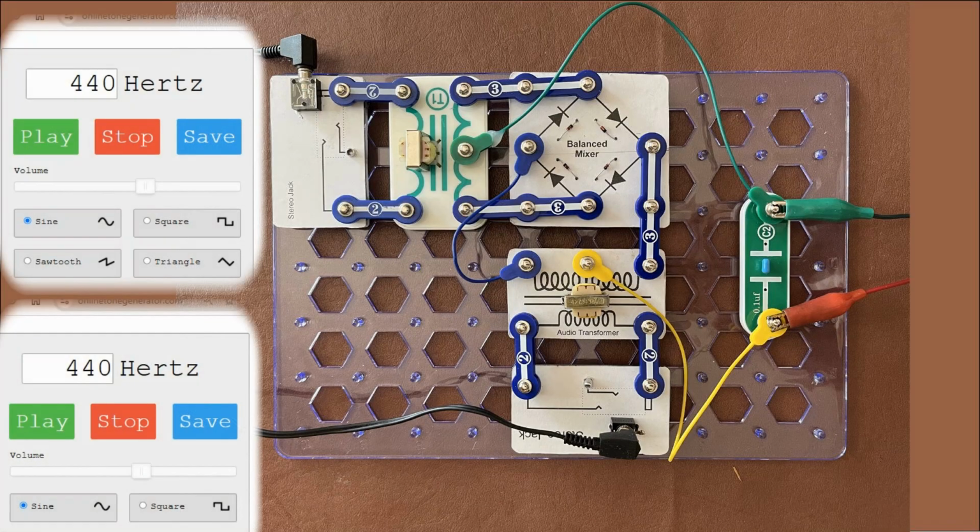Let's start again at 440 Hertz, that note we call A above middle C, and let's reduce it by 10 cycles per second. Then on the other computer, increase that 440 by 10 cycles per second.